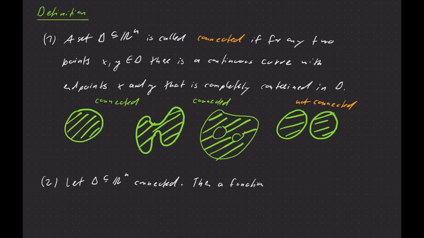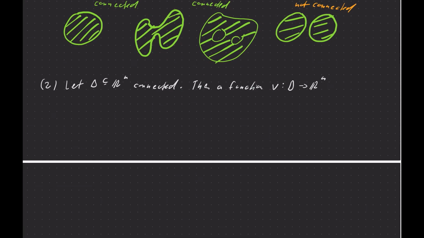Then a function, I'll usually call a vector field V, but of course that is totally arbitrary, a function V defined on D that maps onto R^n is called a vector field, or sometimes an n-dimensional vector field if you want to stress the dimension, over D.